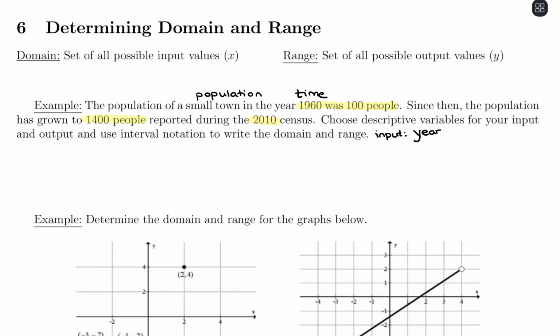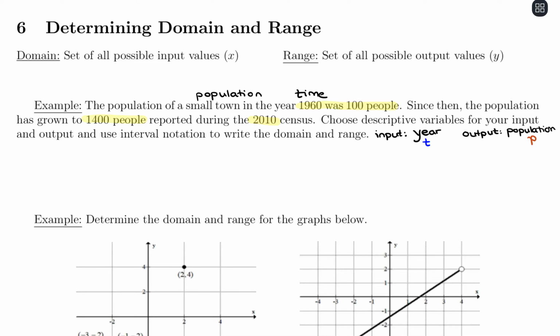And then let's go ahead and call that t for time. So our input variable is year, which is time, and then output is going to be our dependent variable, which is that population. And let's go ahead and call that the variable p. So for the number of people.